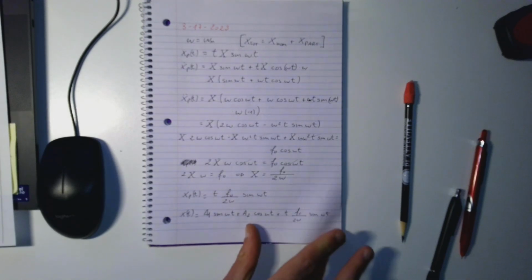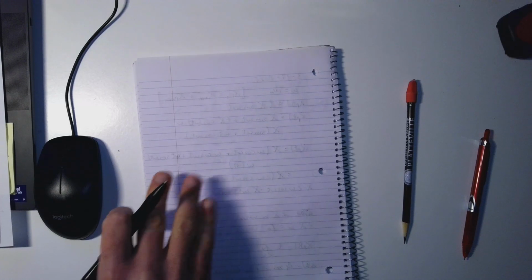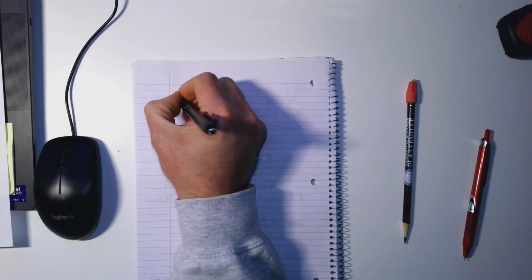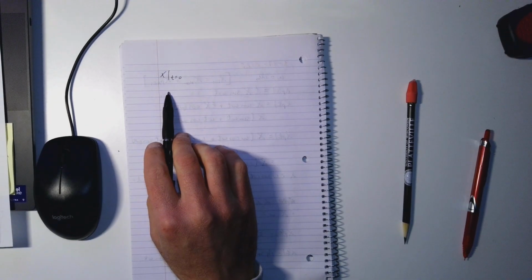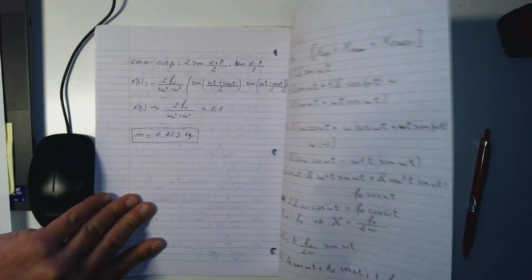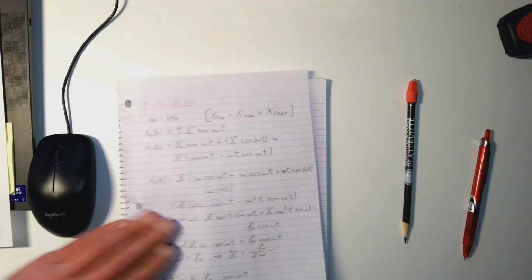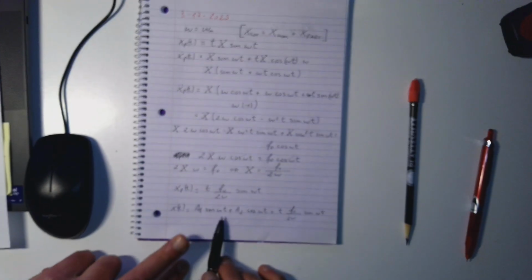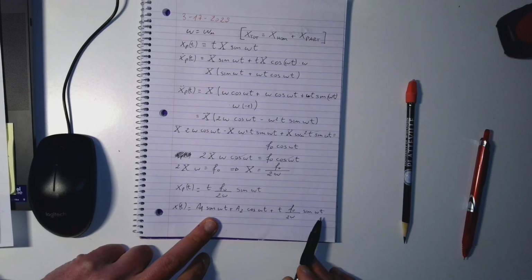So we go through the initial condition in terms of initial position. We have that x when t is equal to 0, which in this case we call the initial position x0. This becomes very simple, because when we plug 0 here, we have 0 here, 0 here, and 0 here.